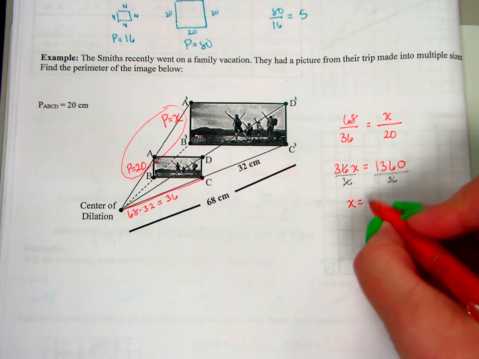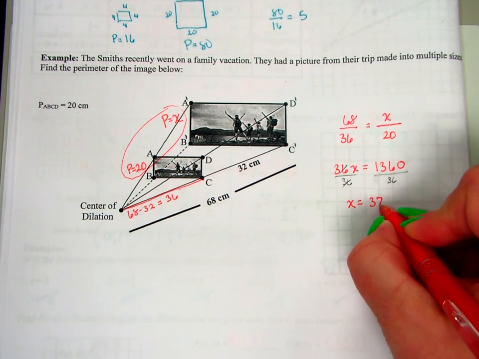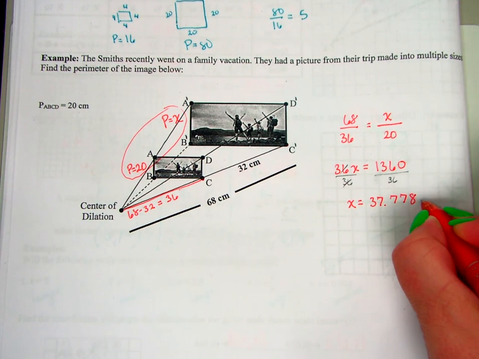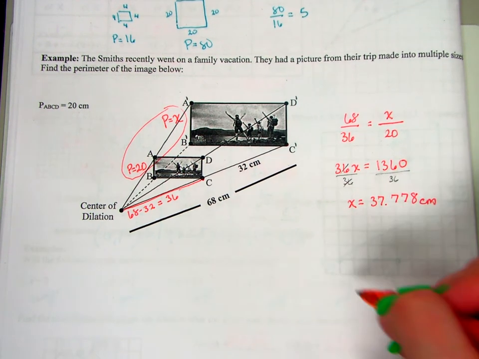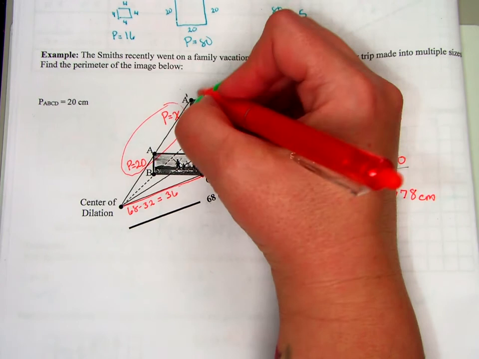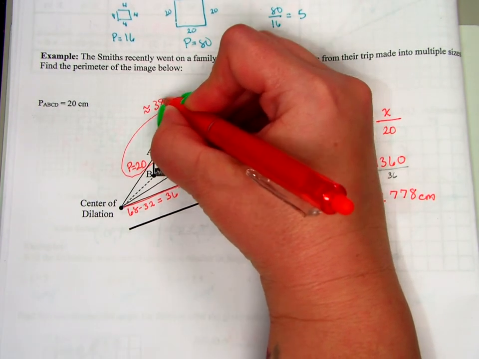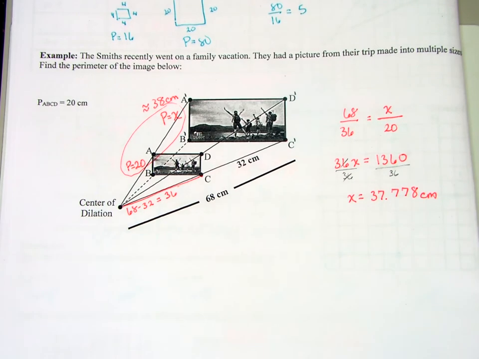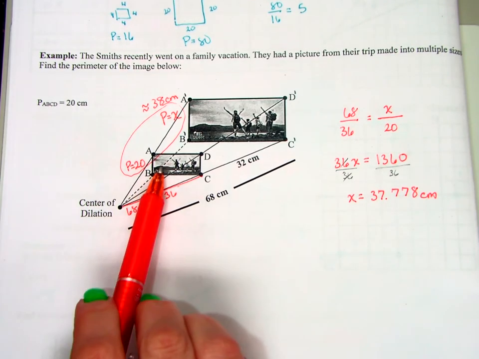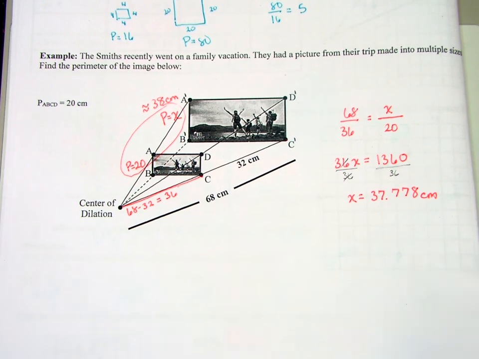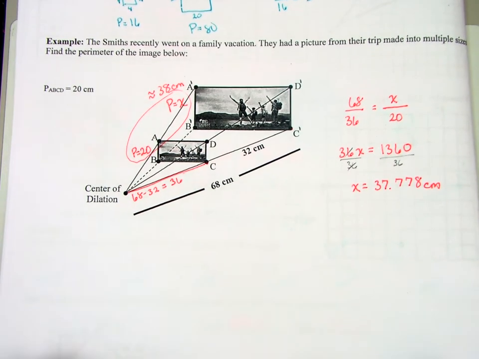We'll round it to 3 places. My new perimeter is going to be 37.778 centimeters. Okay? So this perimeter is approximately 38 centimeters. Which makes sense because my small one is 20. It's going to be a bigger one on the bigger picture.